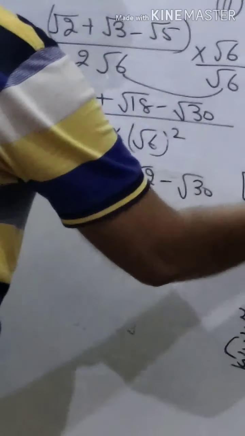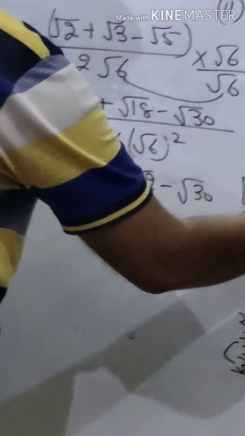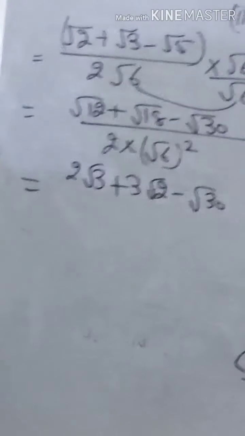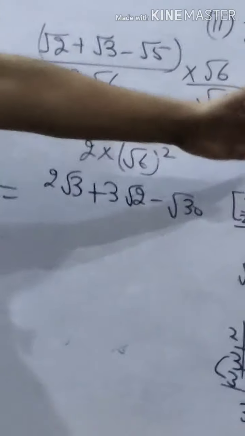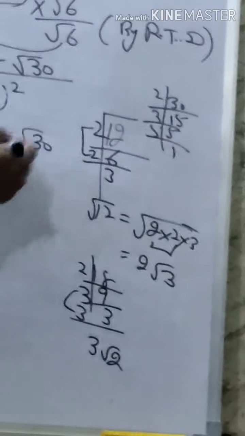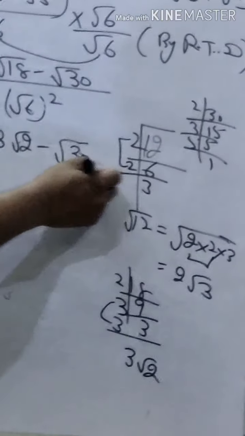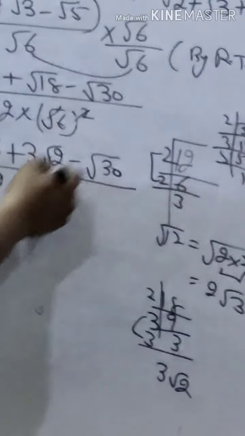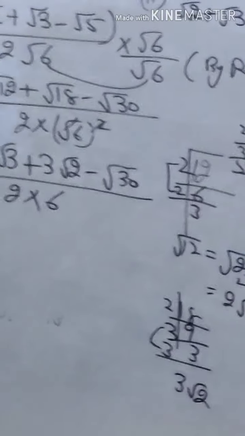And now 30, if you see 30: 2, 15, 3, 5, no pair of any prime number, so no number will come outside. So as it is, you write root 30. So now upside and downside, the square root cancels.